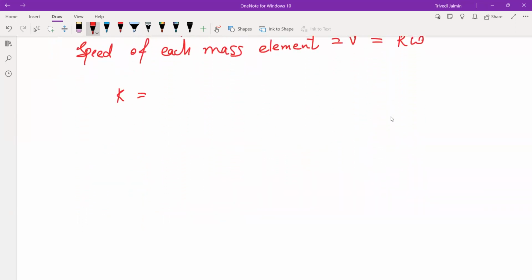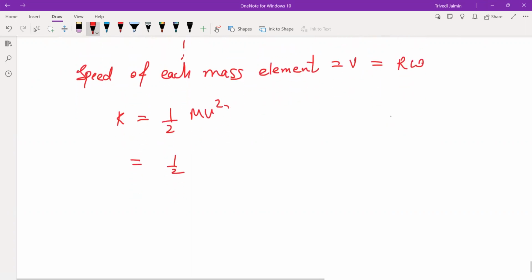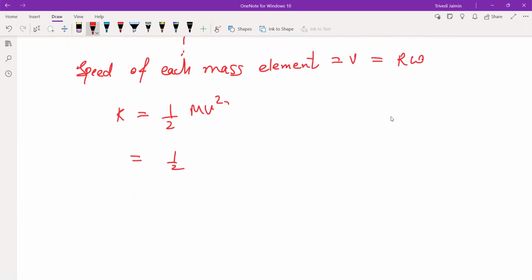So kinetic energy equals half mv square, half m r square omega square. Same, we are doing the same thing, we are not doing anything new here. Let's take this as equation number 1. If we require it, we'll use it.